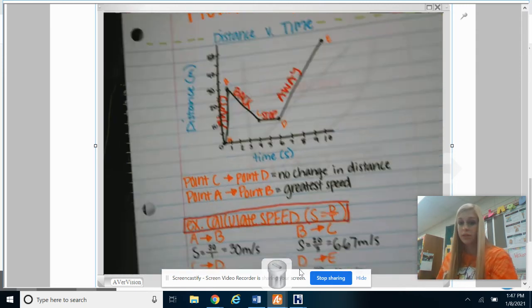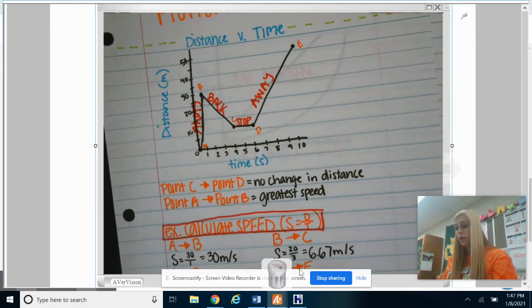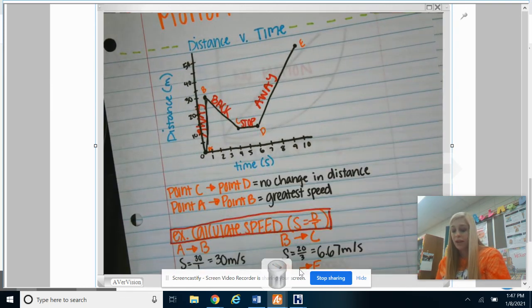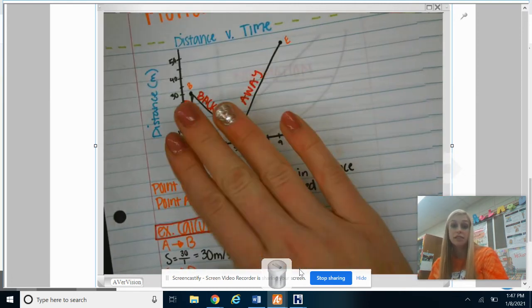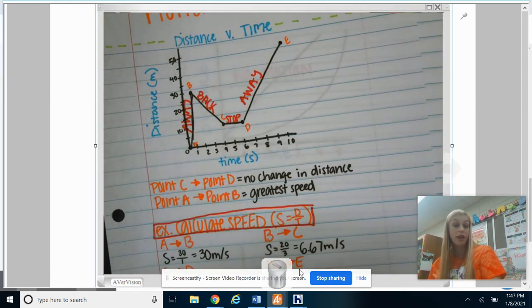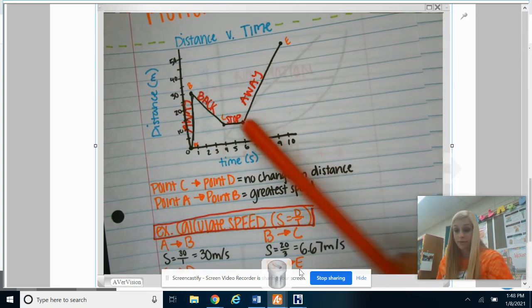There's one more thing we need to talk about. You could be given a whole graph and asked, what is the average speed? So we said this is a graph of us running on a football field, right? So what is the average speed of the runner during that time? That means we want the average speed of the runner over the whole graph.